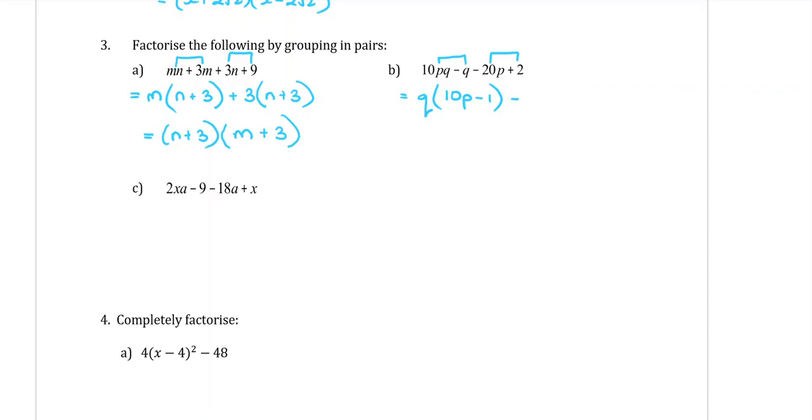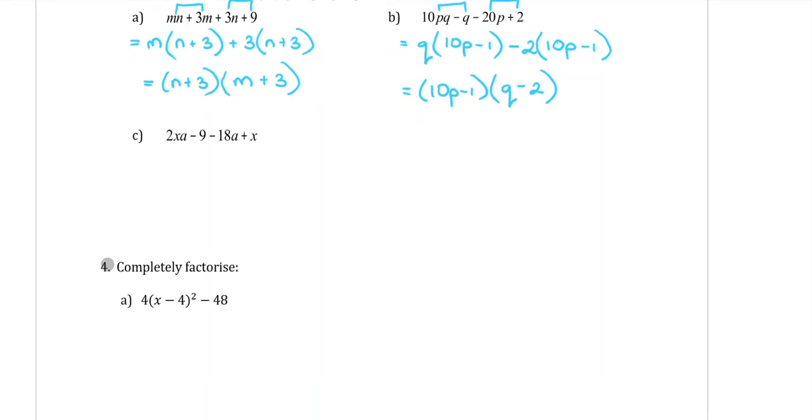So instead I want to factorize a negative 2 out, which means it will become a positive 10p and then a minus 1, so that my brackets are the same. Then the 10p take away 1 comes out the front as a common factor, and the bits from the front, the q take away 2, go into their own bracket.